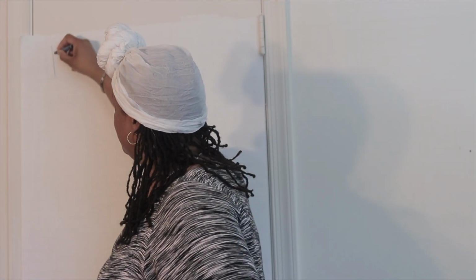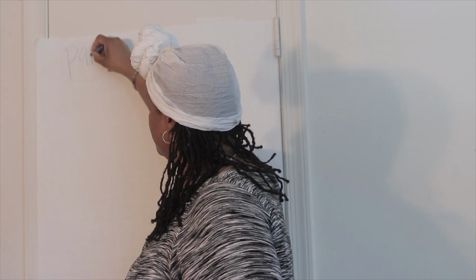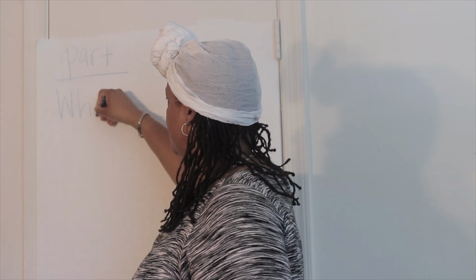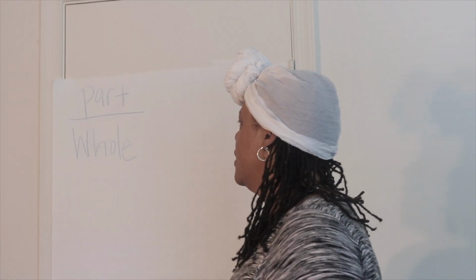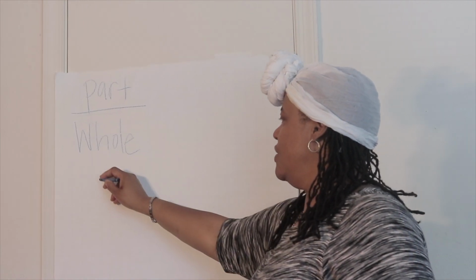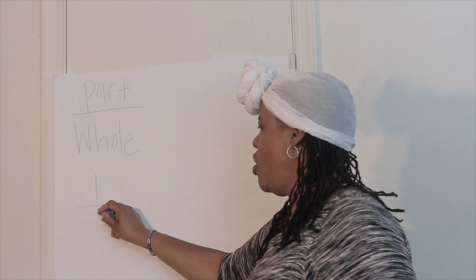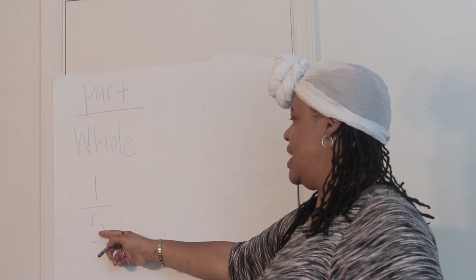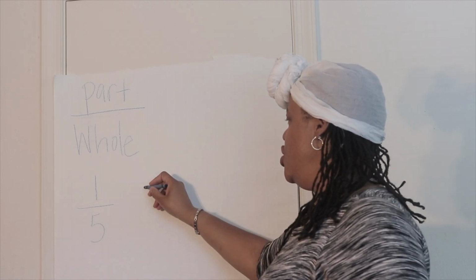Don't forget, a fraction is part to whole. So in order to change a fraction, 1 part out of 5 wholes, we must divide our denominator into our numerator.